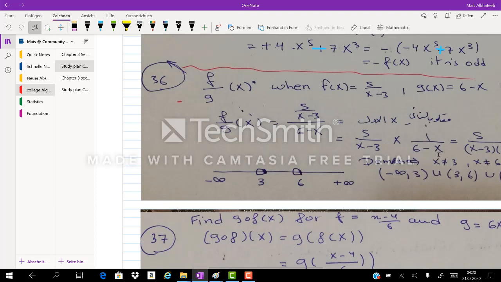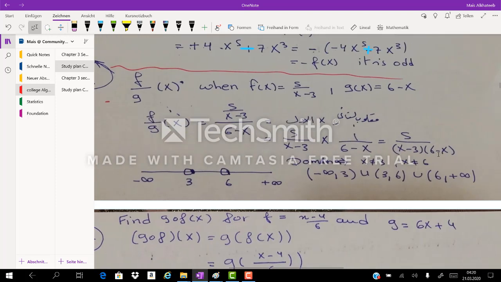So we get the equation 5 over x minus 3 multiplied by 1 over 6 minus x.